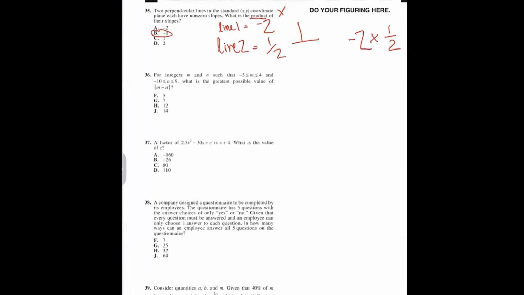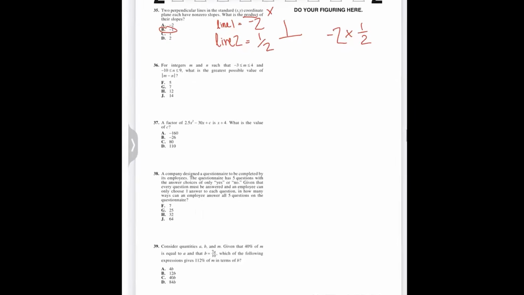So 36 is another good example of plugging in numbers for integers m and n such that -3 is pretty much m's between those two numbers, and n is between those two. What is the greatest possible value of |m - n|? And remember, that's an absolute value sign, which anything you put in an absolute value sign comes out a positive. So we have to figure out what is going to be the biggest possible combination here.